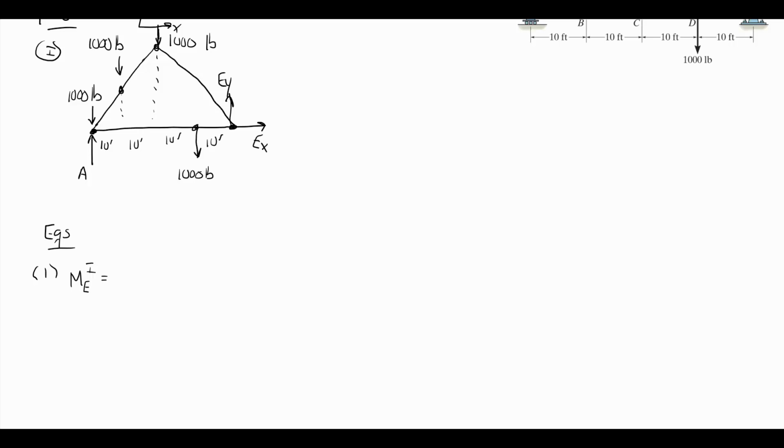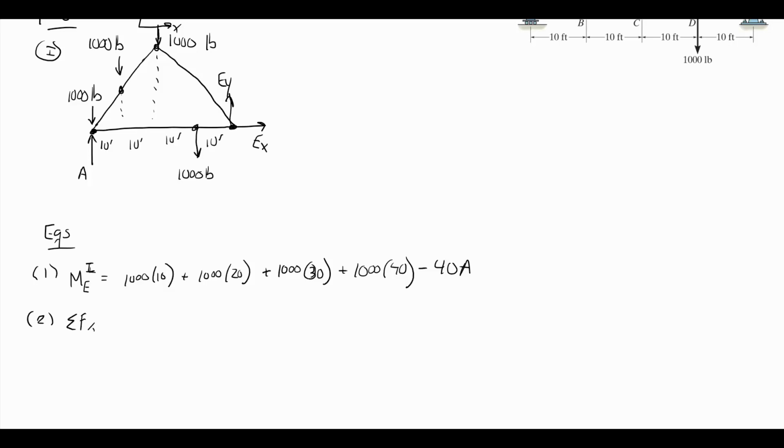If I take the moment around E in this picture, EY and EX are not going to be in the equation, but I will have a positive 10 times 1,000 from the force acting at D, plus another 1,000 times 20 for that middle force, plus another 1,000 times 30. These are all going to be counterclockwise, plus 1,000 times 40, minus 40 times A. So taking the moment at E, I will be able to find A from this first equation.